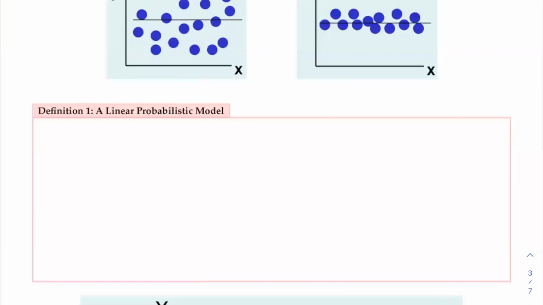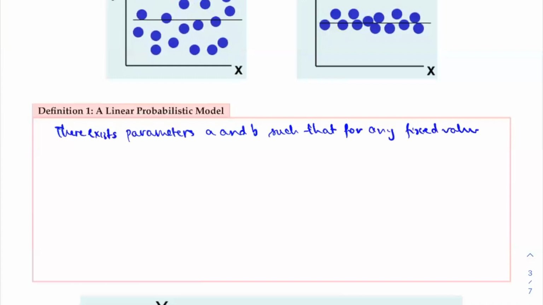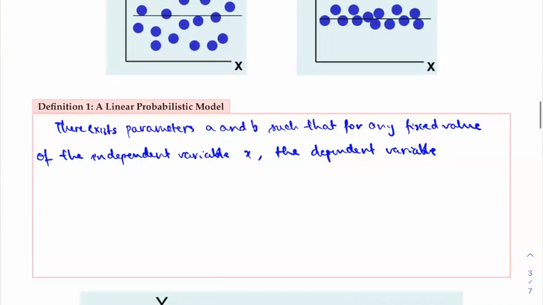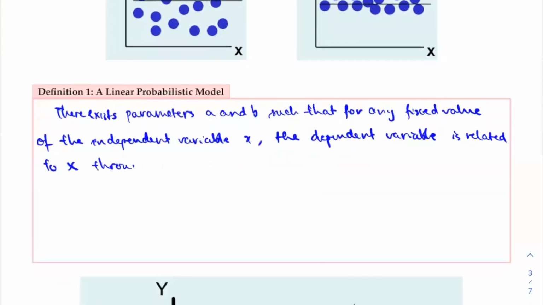Okay, so for a linear probabilistic model, there exist parameters a and b such that for any fixed value of the independent variable x, the dependent variable y is related to x through the model equation: y equals ax plus b plus epsilon, right?